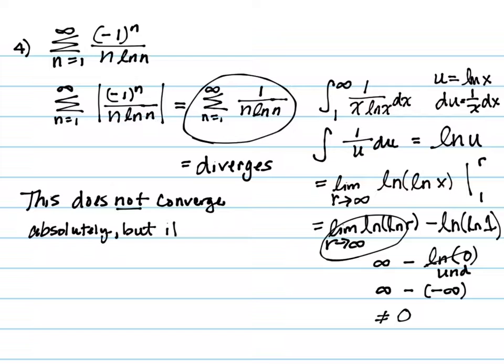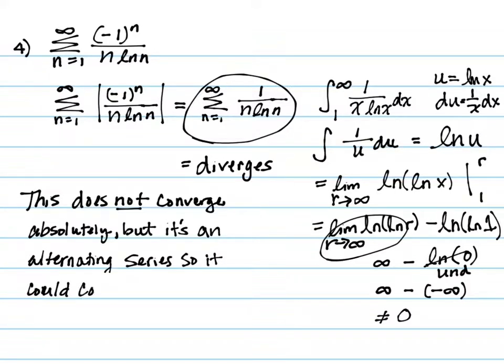But it's an alternating series. So it could converge conditionally by the alternating series test.